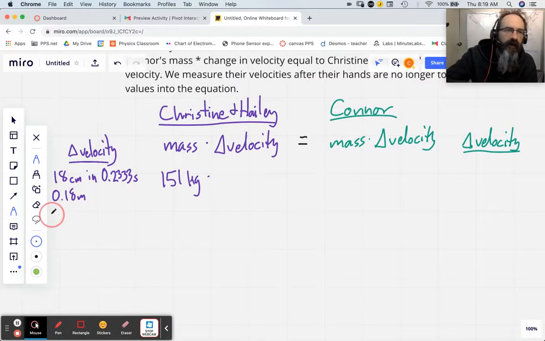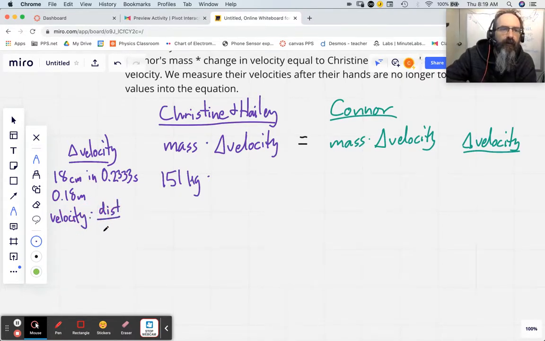Now, velocity is distance over time. We put in their distance, 0.18 meters over their time of 0.2333 seconds. I'm going to pause this and get a calculator.